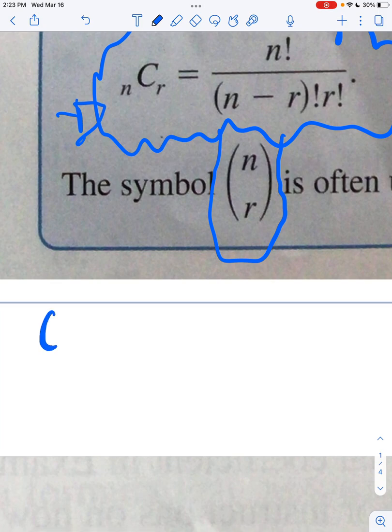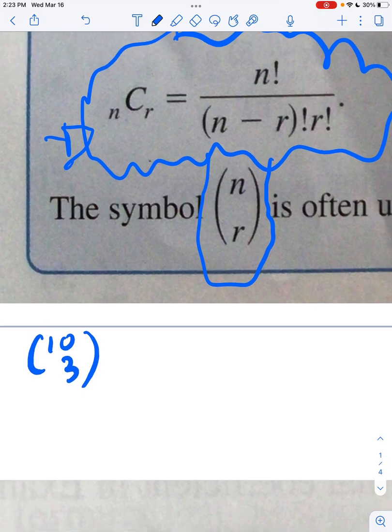So let's say that we had something like 10 choose 3. If I were to plug in and use this formula, I would say 10C3 equals 10 factorial over 7 factorial, 3 factorial.